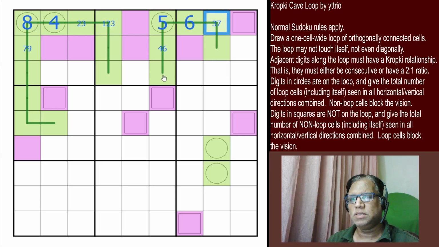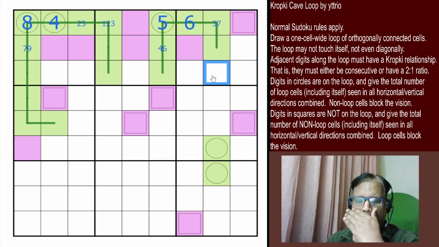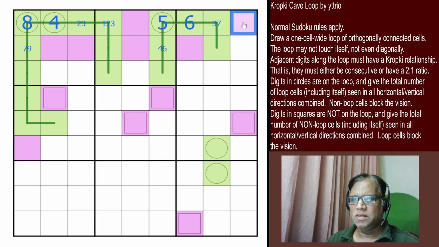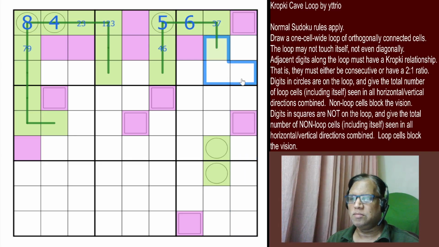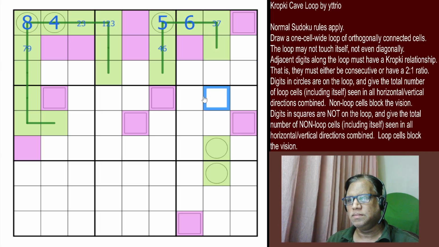7 and 4, 6. Okay, what next? Where is this going? Is this going here or is this going here? This digit, right? It could be something like this, right? If it is going like this, that's fine, right? Are they connected?